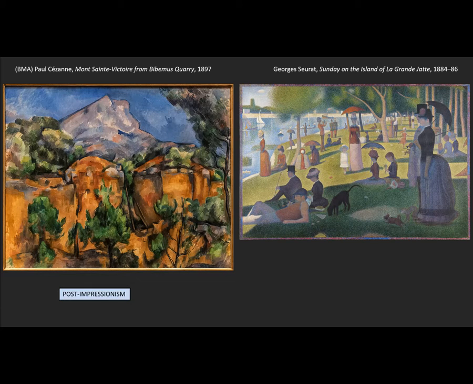In the second half of this class, we've encountered a lot of different art movements, right? A lot of different isms. And some of them were art movements that the artists themselves referred to, like Impressionism. Now, the term was given to them by a nasty critic, but they adopted it. They liked it, right? Realism, a term that the artists themselves would have used.